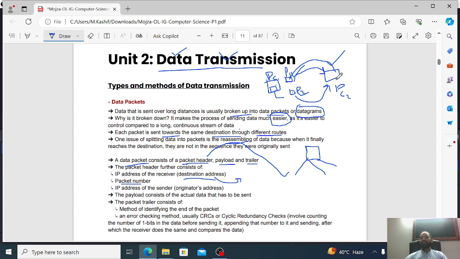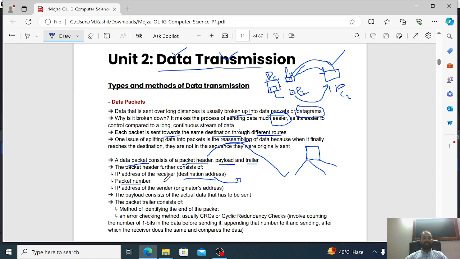When they reach the destination, we will reassemble them by using these packet numbers, so we will rearrange them. Suppose packet 2 comes first at the destination and packet 1 comes late; we can reassemble them by using the packet number so that the arrangement of data packets is not disturbed, and so the file is not disturbed.